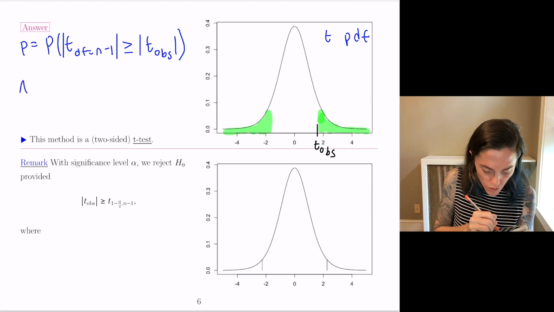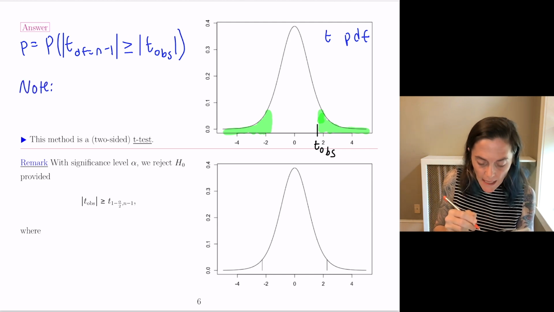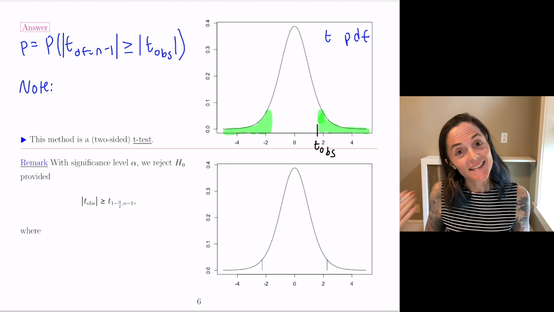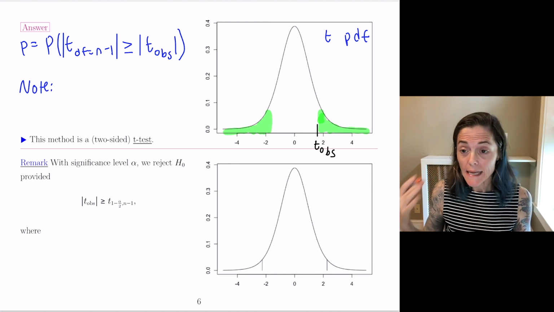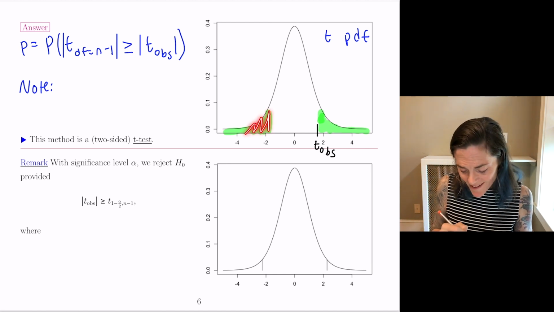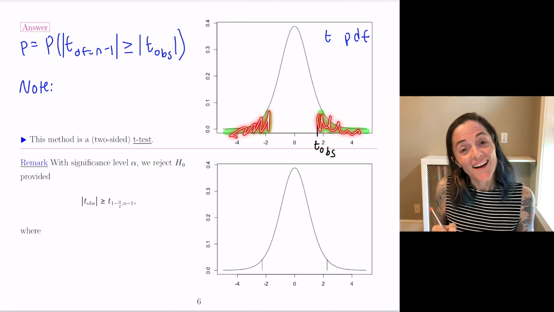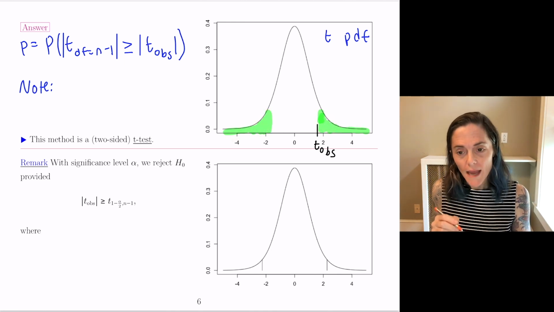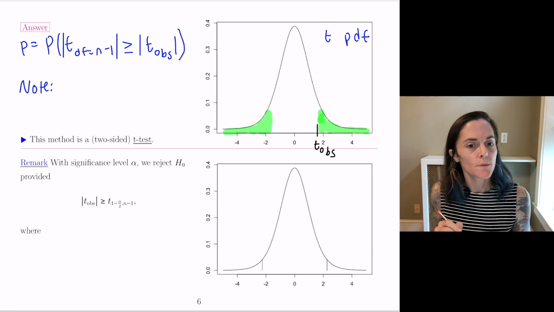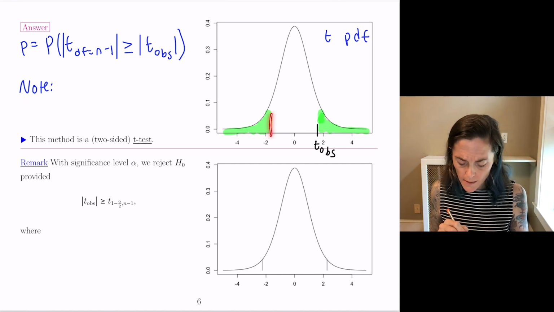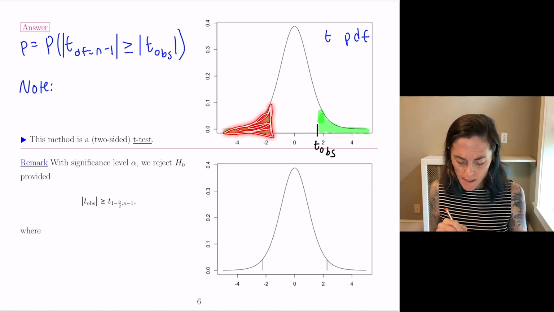Now, as a note, we have symmetry of the t probability density function. So this area and this area are the same. So we could write this in terms of a cumulative distribution function, but I'll write it this way, 2 times this area.